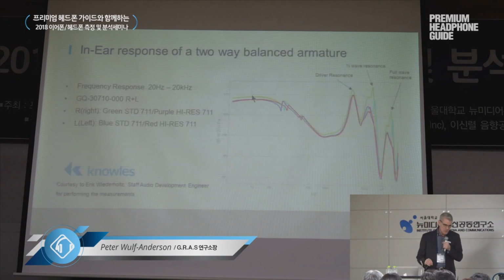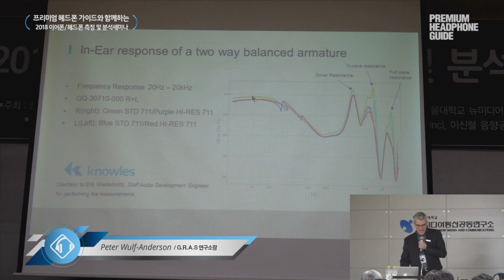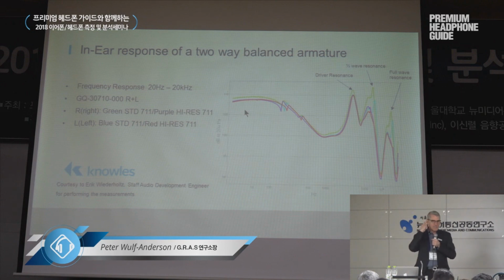I have another measurement here showing the same thing, but that measurement was done by one of our customers, Knowles. Knowles are a big manufacturer of small speakers and drivers, balanced armature drivers. They did a measurement on a new design they had for a balanced armature. It can be a little confusing to look at this because they did both right and left channel.